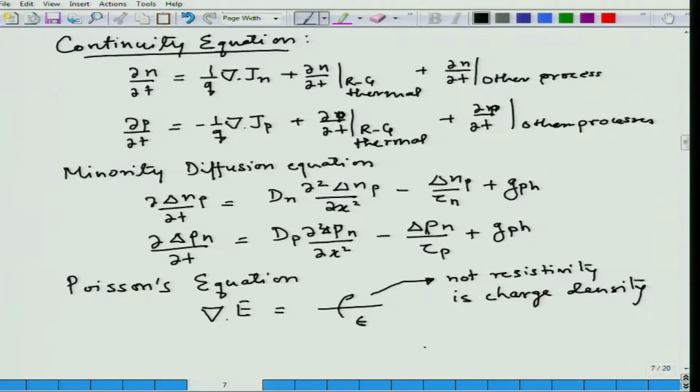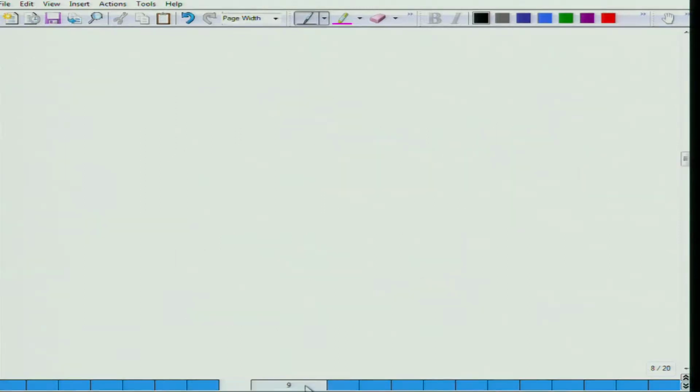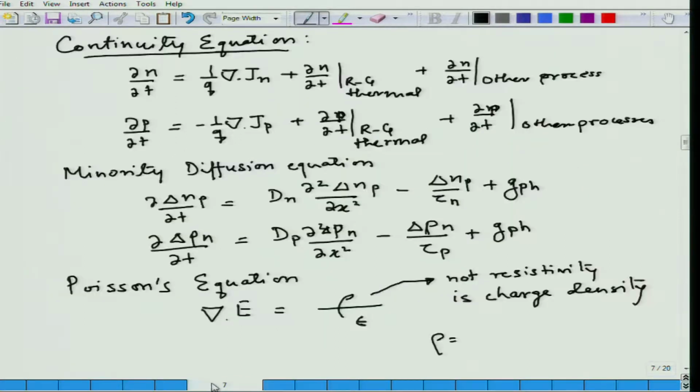In a semiconductor, rho is equal to the charge q times the number of holes, minus the number of electrons, plus the number of ionized donors, minus the number of ionized acceptors.